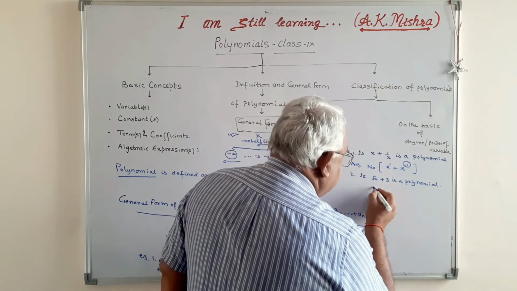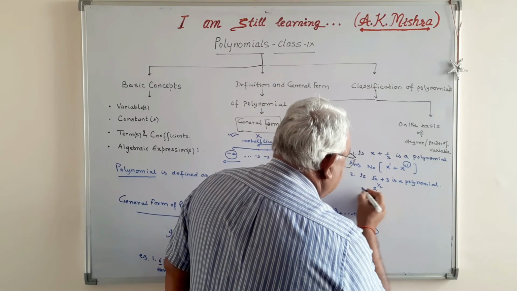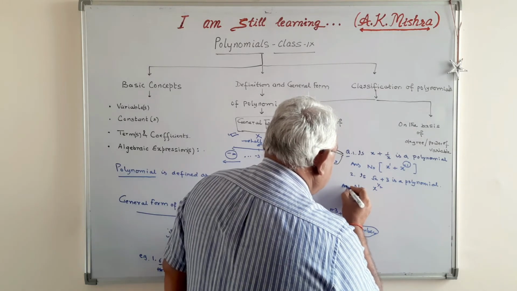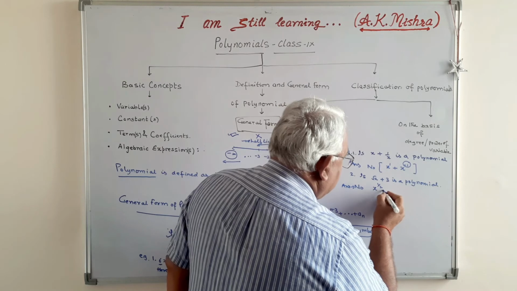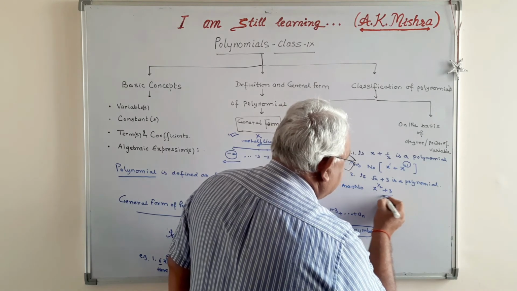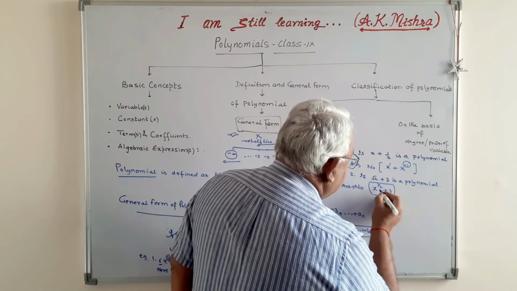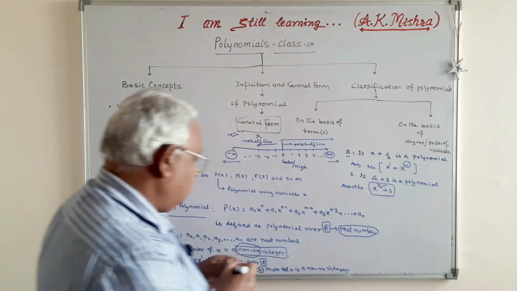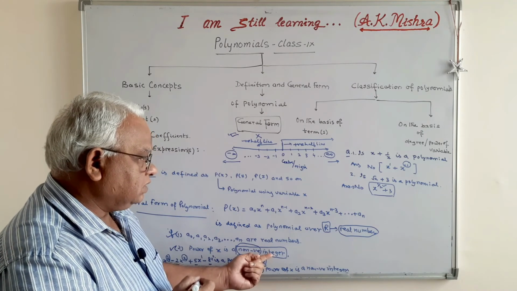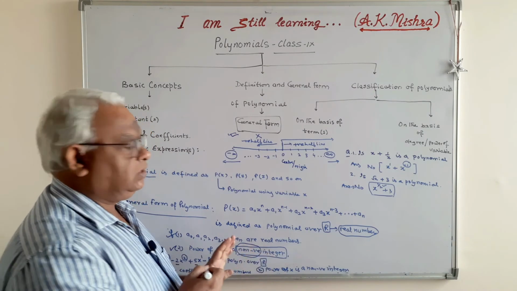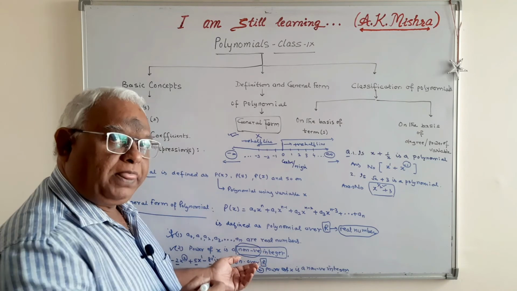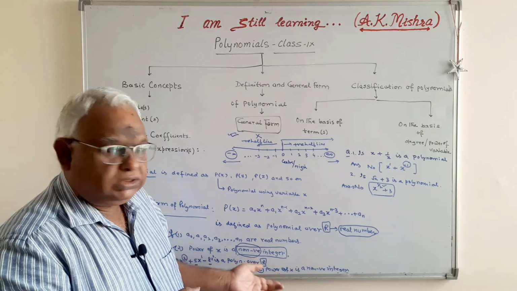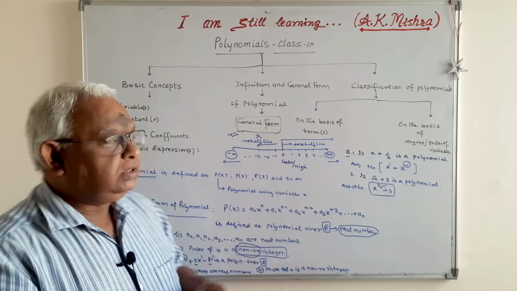And here, if you write this as x to the power half, the answer is also no. The power half is there, but it has to be an integer. It cannot be fractional. It cannot be rational, and so you cannot talk about irrational either.